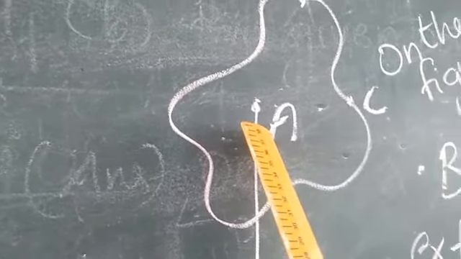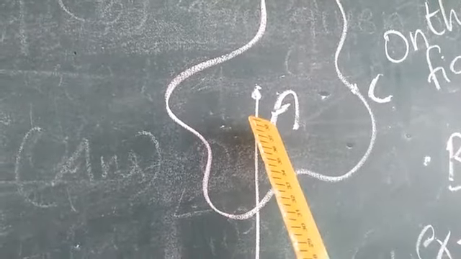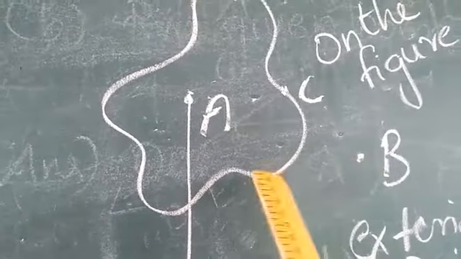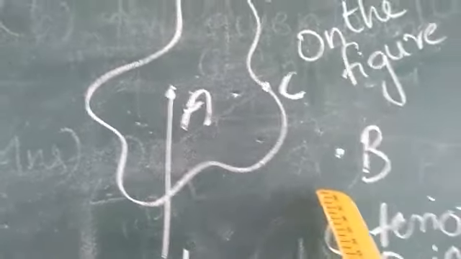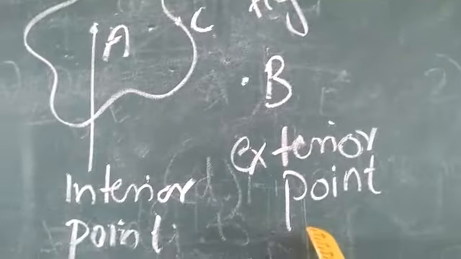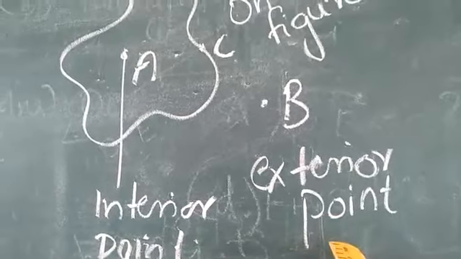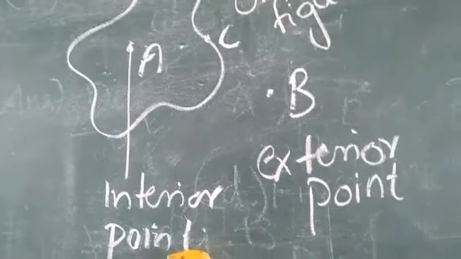That means inside the figure. Next, point B I drew outside the figure. So this is known as an exterior point. Outside the figure, exterior point. Inside the figure, interior point.